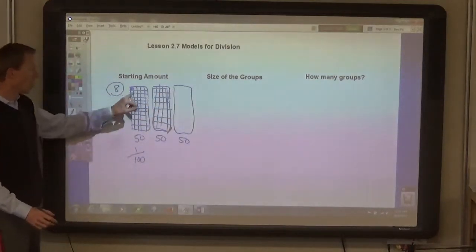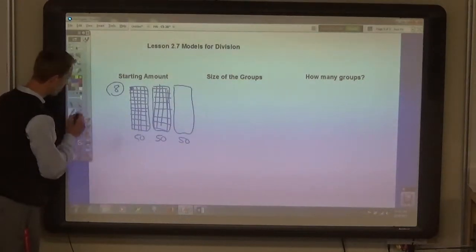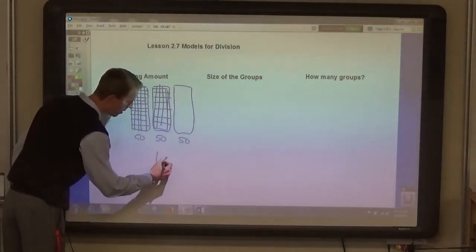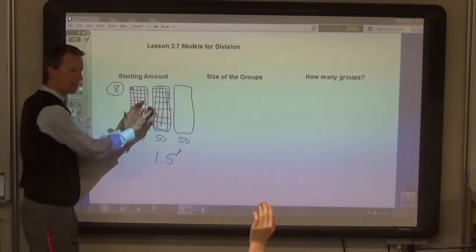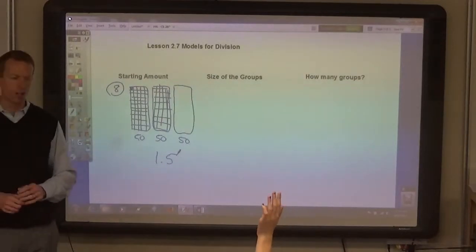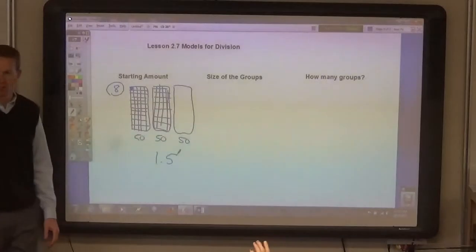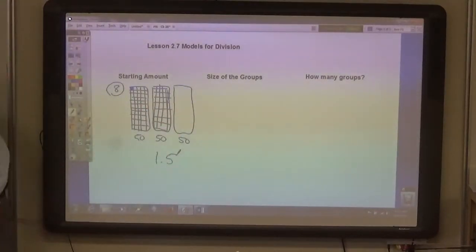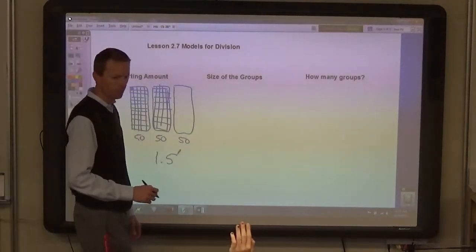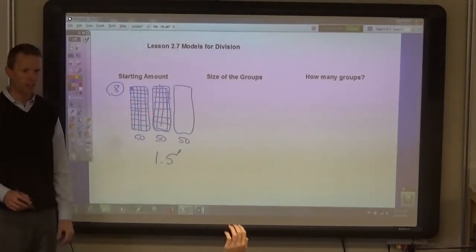So the starting amount is 1.5. If you put 2 of these together, you'd have 1 whole and then another half. 1.5. Now, how many groups of 50 can you make? Or what are they divided into?